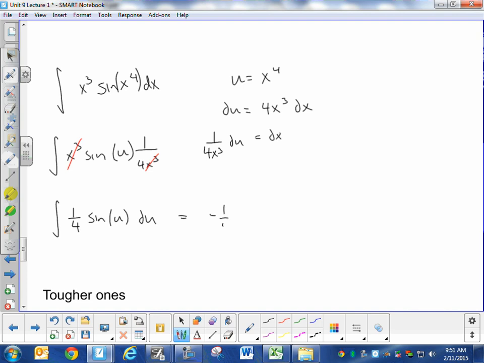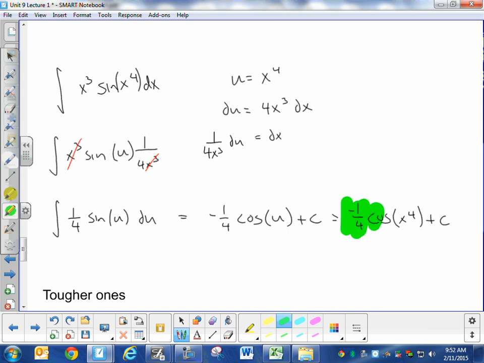So negative 1/4 cos u plus c, which is negative 1/4 cos x to the 4th plus c. How do we do? Getting better and better. Good.